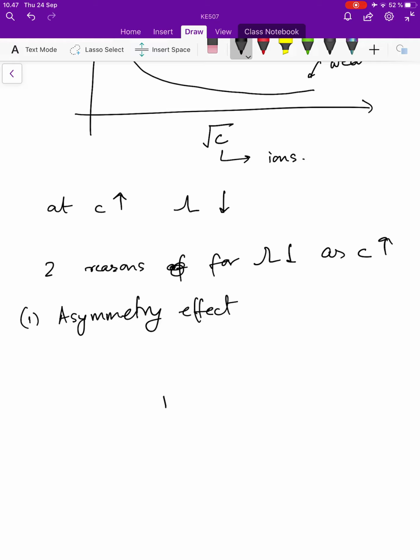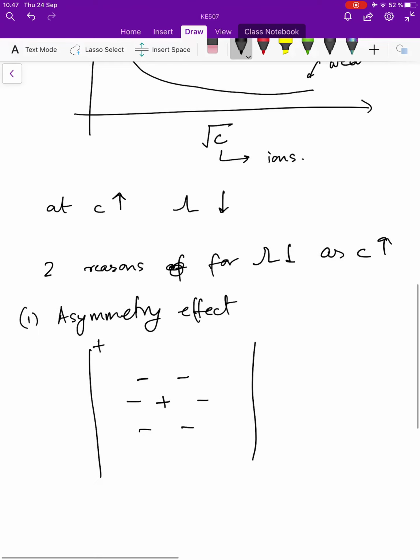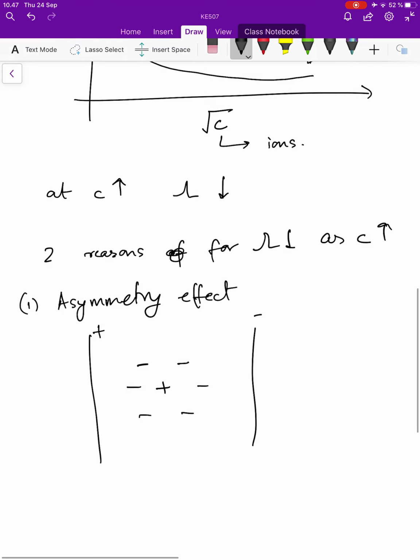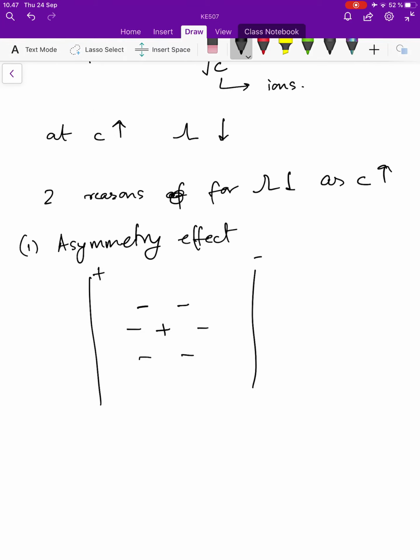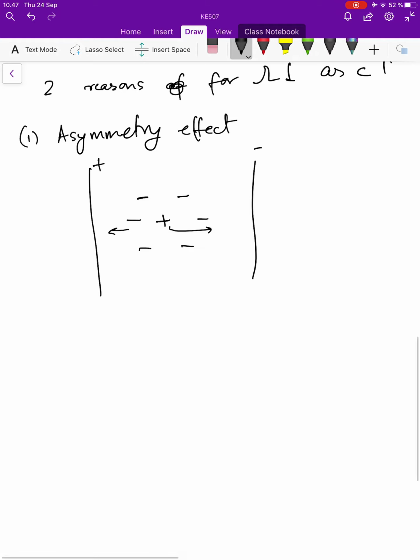So we know very well that each ion in solution is surrounded by a cloud of oppositely charged ions. In this case, a cation is surrounded by anions. If we put this in between two charged walls, the cation will start moving towards the cathode and the ionic cloud will start moving towards the anode.